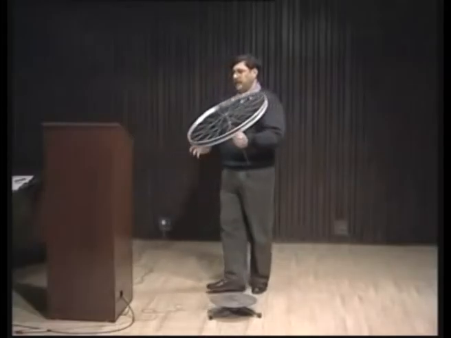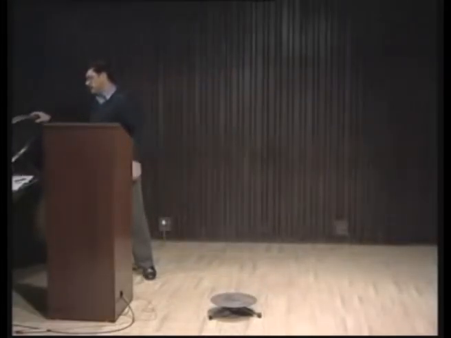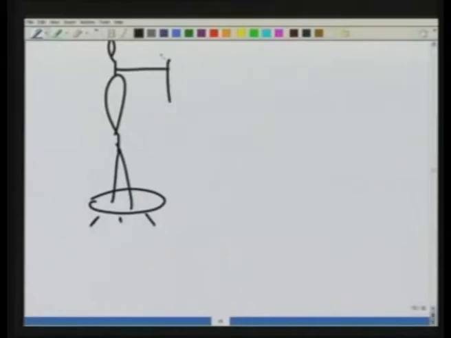As a third example of angular momentum conservation, and through this I also wish to show the vector nature of angular momentum, I take this wheel, stand on the platform, give it a rotation in one direction, I stand on the wheel, and suddenly I'll turn the wheel the other way.